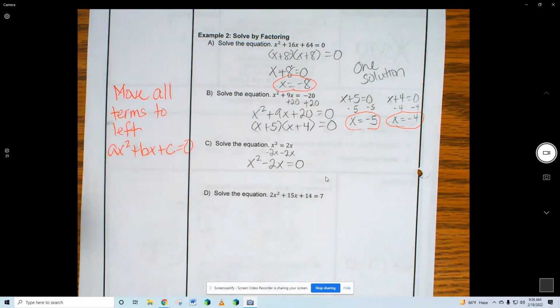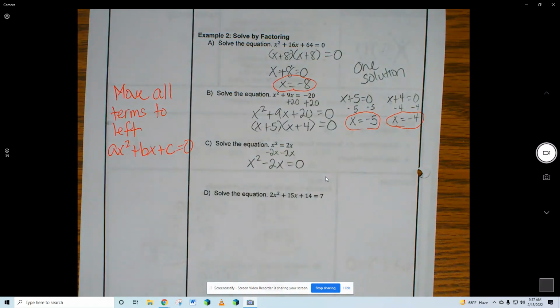This is just a binomial. How do I factor a binomial? Can I do 2 parentheses? Can I do GCF?